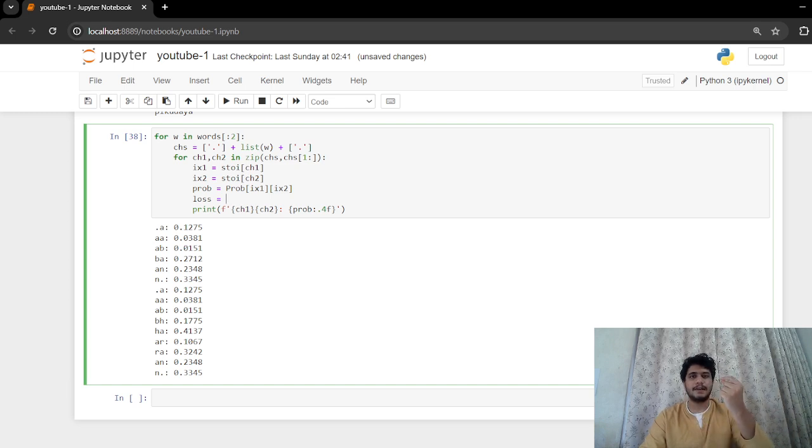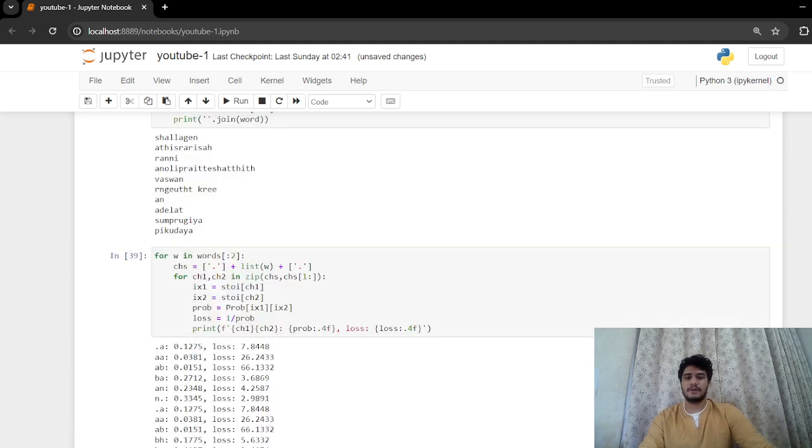So the first pattern we can have is just 1 over x, which is 1 over probability. So what would this look like? Let me just print this also here, and then let's print the loss, and again format it to 4f.